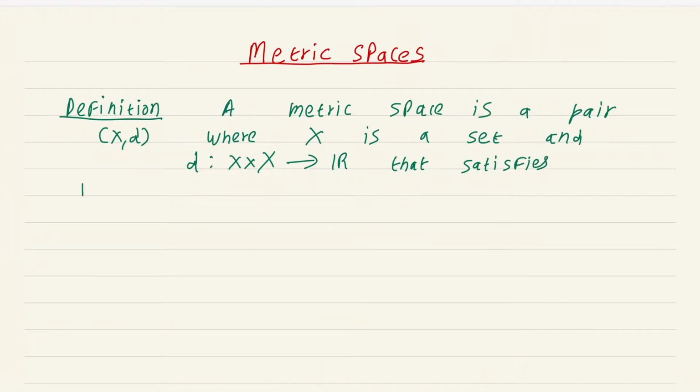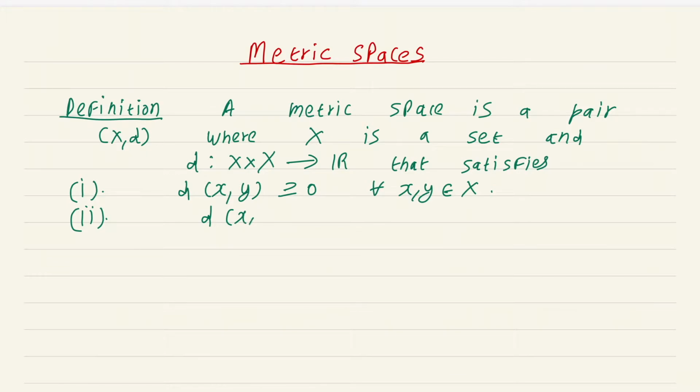Number one, d(x,y) is greater than or equal to 0 for all x, y in the set X. Number 2, d(x,y) is equal to 0 if and only if x is equal to y.